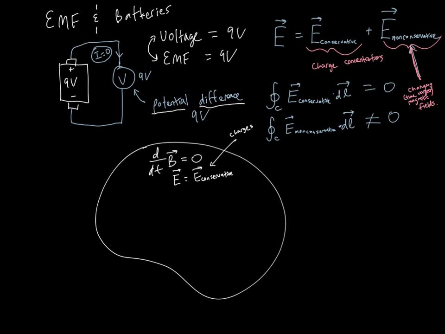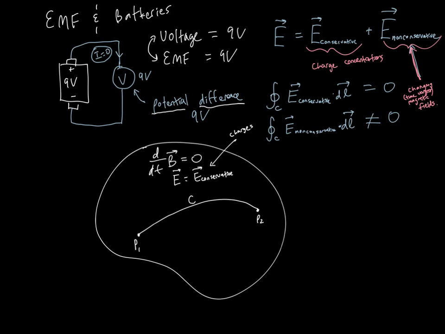And now we're in a position to define the potential difference. The potential difference is the net work per unit charge that you have to do against the electric field to move a positive test charge from point P1 to point P2 along a path C that exists within this region of space in which the magnetic field is not varying in time.